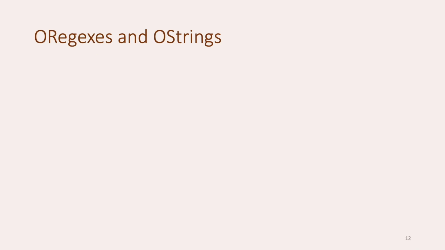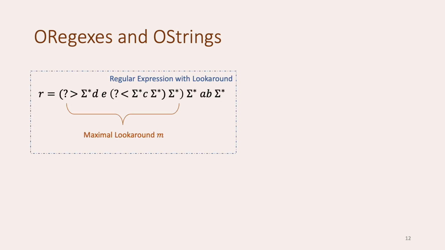The correctness of our algorithm can be formally expressed by making the connection between expressions with lookarounds and O regexes more explicit. Given an expression with lookarounds, we consider the top level lookaround it consists of. Here we have the sub-expression M. We have a string on which we intend to match the lookaround expression.